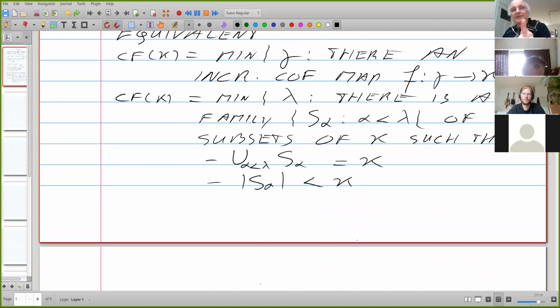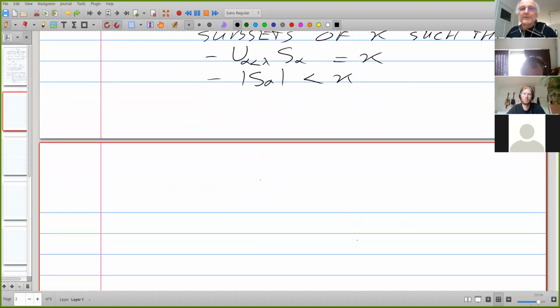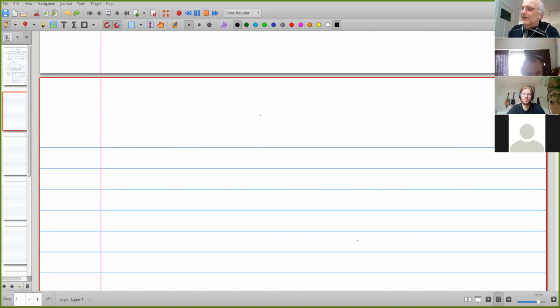Okay. So this is going to occupy you during the group interactions, but we're going to be using it a few times. And I also want to emphasize something that will be used later also when we're doing the forcing bit. If you calculate the cofinality of kappa, then you get the cofinality of kappa back.